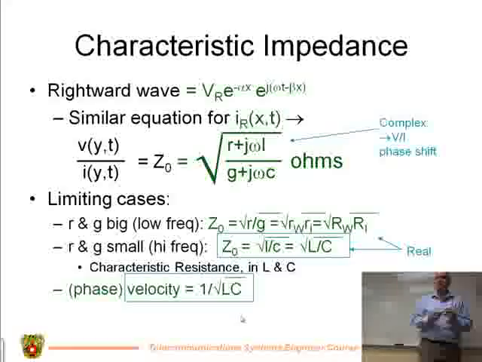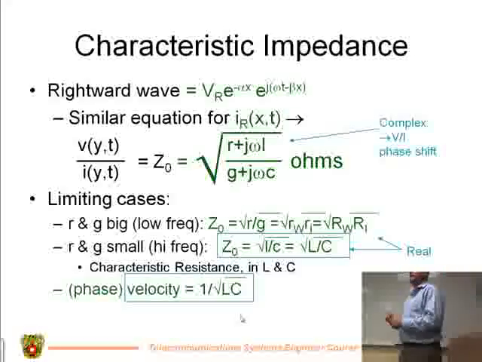I don't know, this doesn't really matter, but okay. So if omega is small, like at DC, omega will be 0, right? So we're going to say the square root of 100 plus j times 0 times 1 Henry over G plus j times 0 times 1 farad. So these are very small at low frequencies, right?